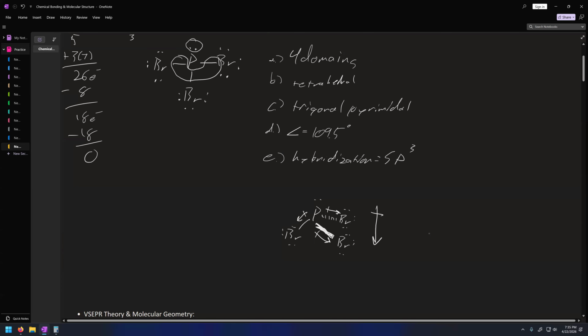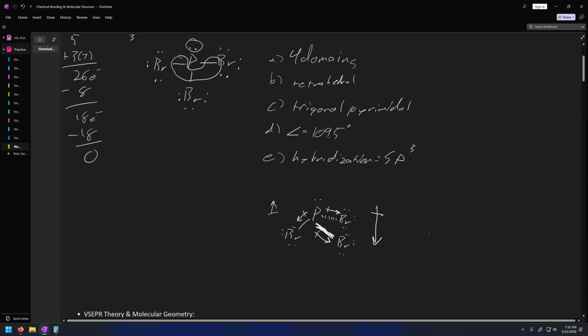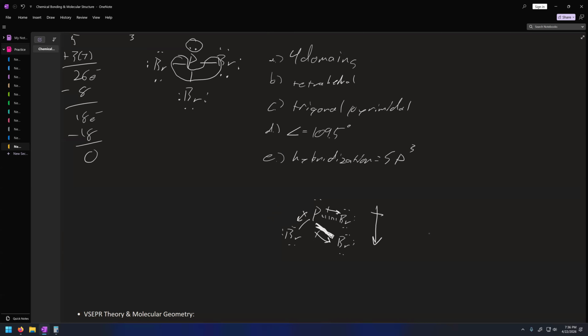The reason is because we add all of these vectors together and we see that there is no component that's pointing up at all. That just does not happen. Instead, we see that they're all kind of fighting with each other, pulling in these different angles, kind of down and away. And so overall, there is a downward pull on that phosphorus. Therefore, I would say this is a polar molecule.